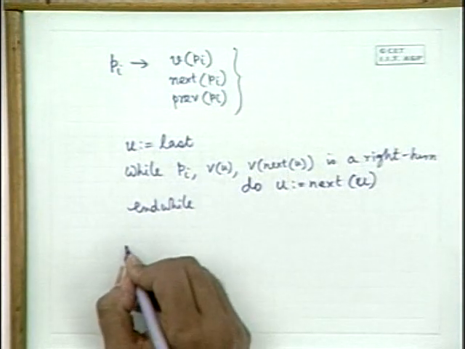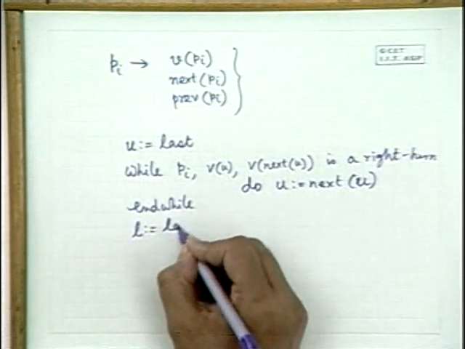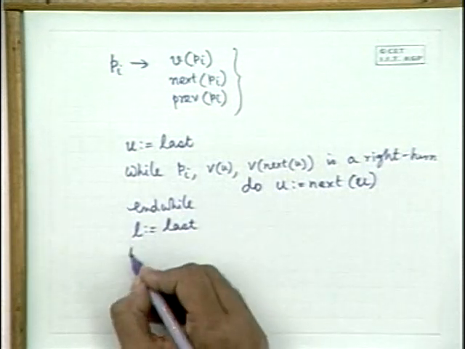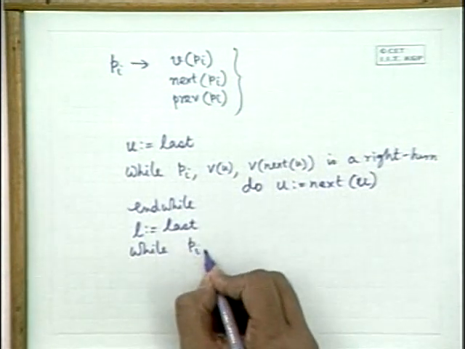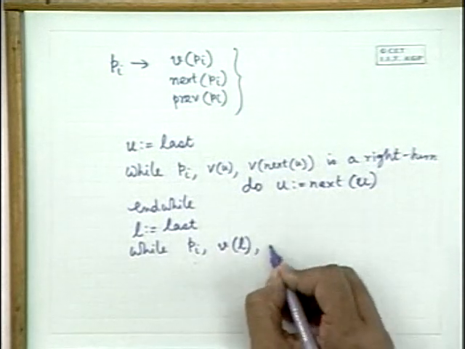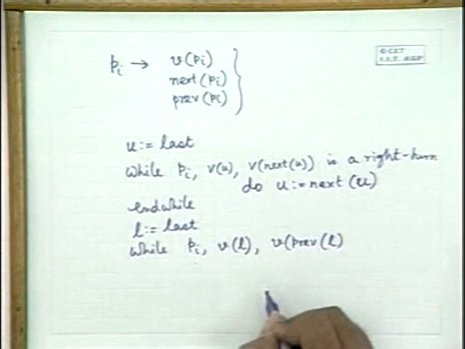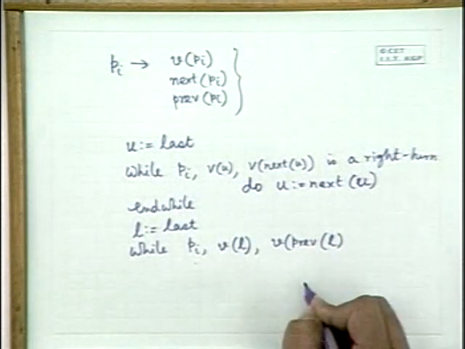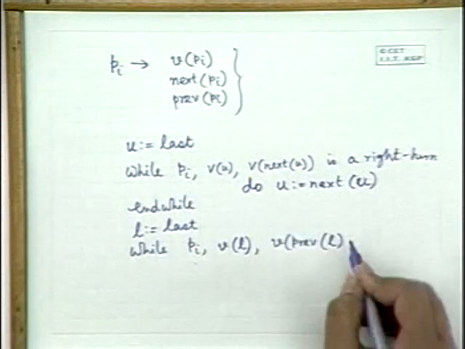Similarly, we will have a walk downward. So again we initialize L is equal to last, while pi, v of L, v of prev L. This time we have to take the prev pointer, because we are moving down now. The upper one I assumed the next pointer.